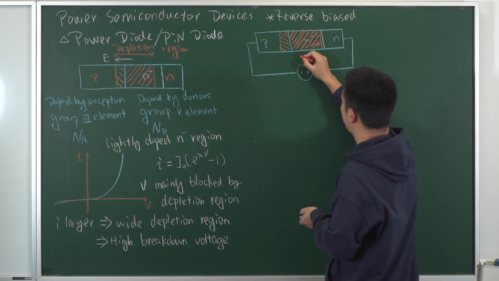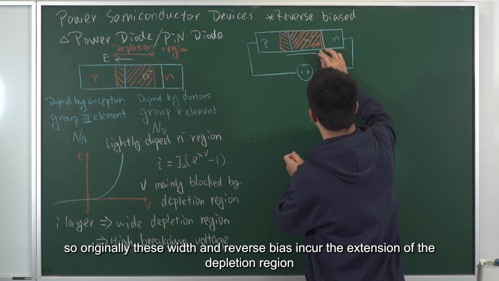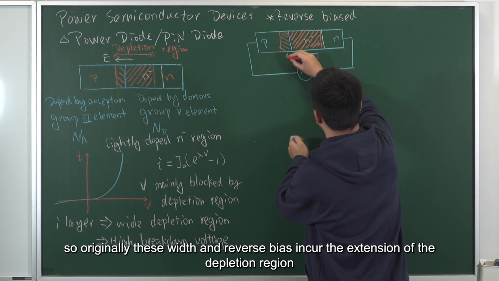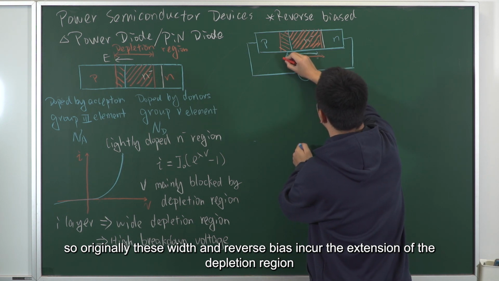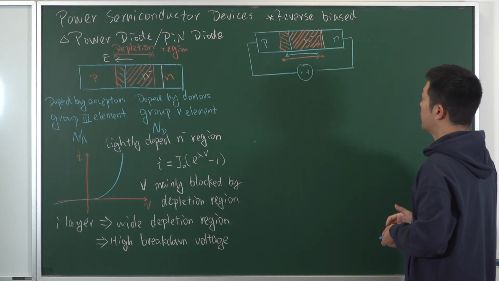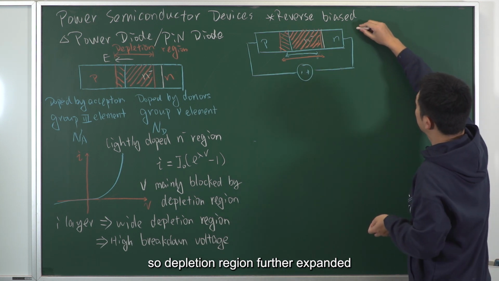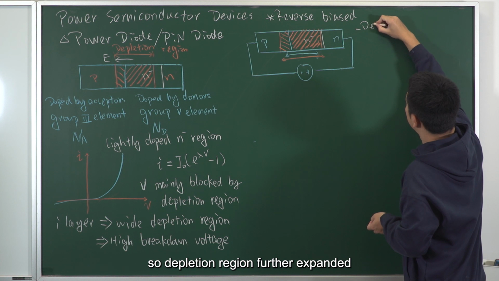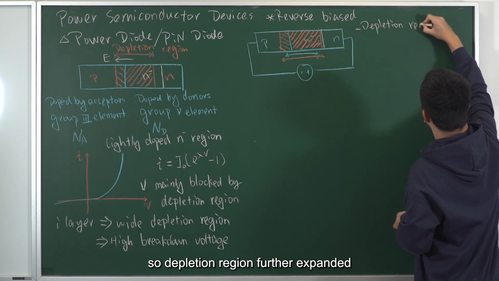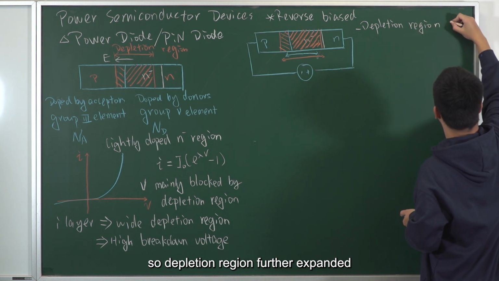So originally it's this width, and the reverse bias incurs the extension of the depletion region. So the depletion region is further expanded.